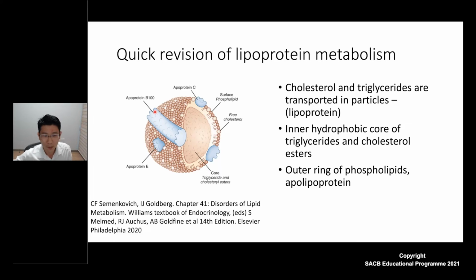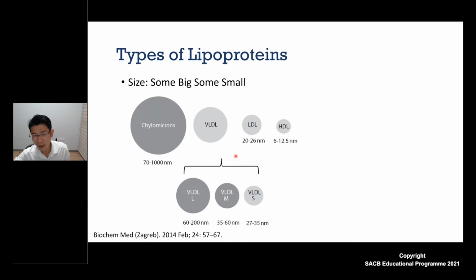This lipoprotein also has apolipoprotein B, C, and E. Some people call it apolipoprotein or apoprotein, depending on the type of lipoprotein particle. There are many types of lipoproteins, at least 4 to 5 types. We have the very big chylomicrons. We have the slightly smaller very low density lipoprotein.